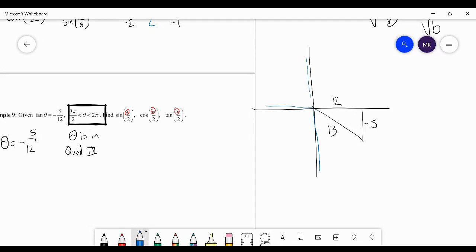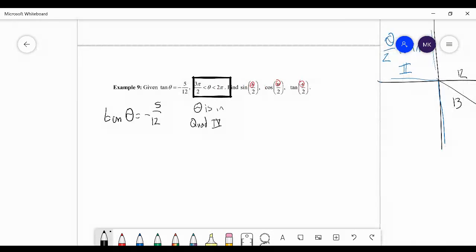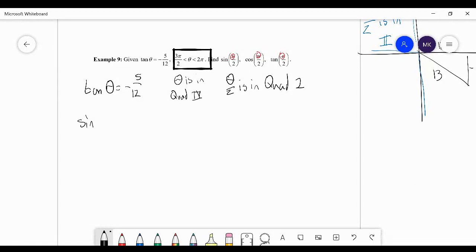So either way, theta over 2 is in the second quadrant. So that means when I'm looking at doing sine of theta over 2, I'm actually going to be choosing the positive version.